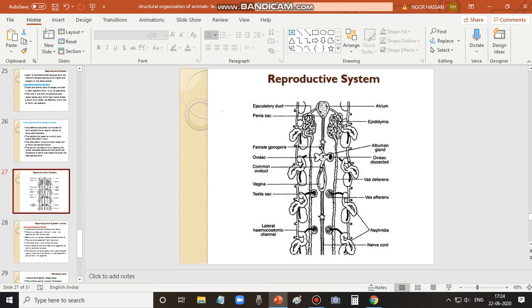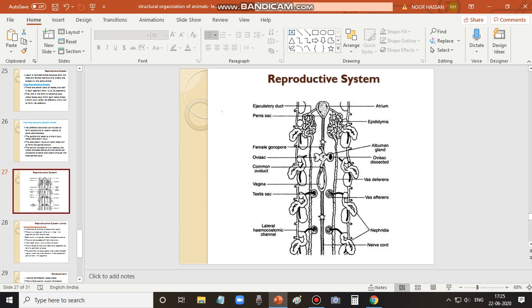This vas deferens leads to a convoluted tubule called epididymis. Convoluted refers to a highly coiled tube. The epididymis from both the right and left sides leads to a tube called the ejaculatory duct.